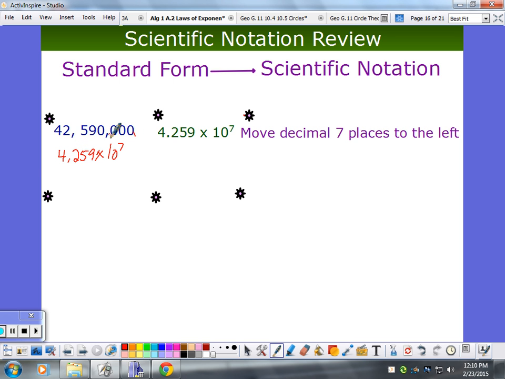Okay, this one, 5.74, 574.0000. Right? What is that in scientific notation? How do I do that? Minus. Now, why is it minus? I'm going to take this number and make it smaller.